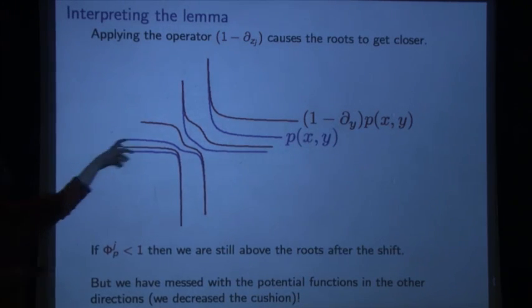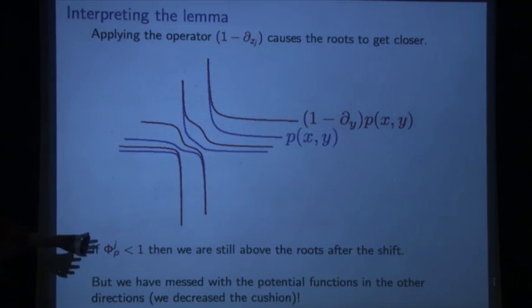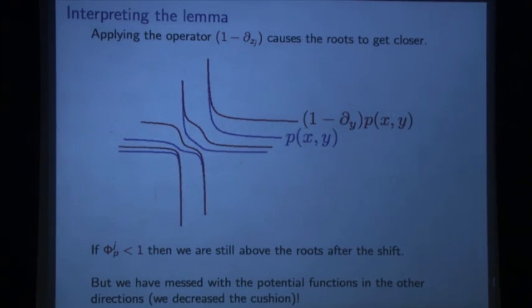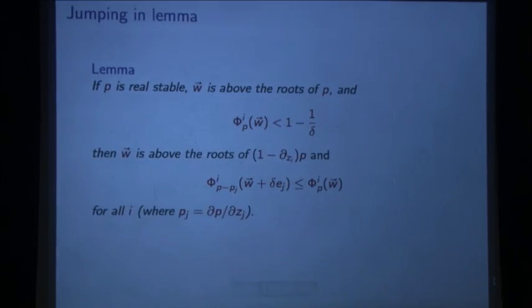So, in particular, it is going to affect the potential function in other directions, so we're going to need to do something a little bit more complicated. And so this is what I call the jumping in lemma.